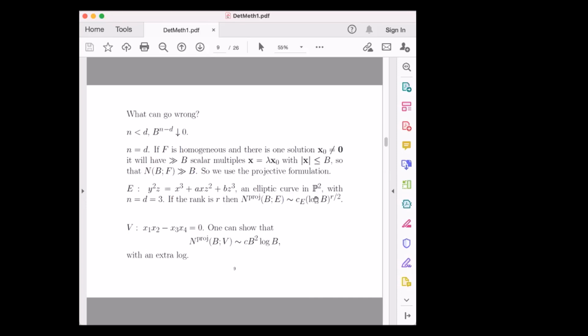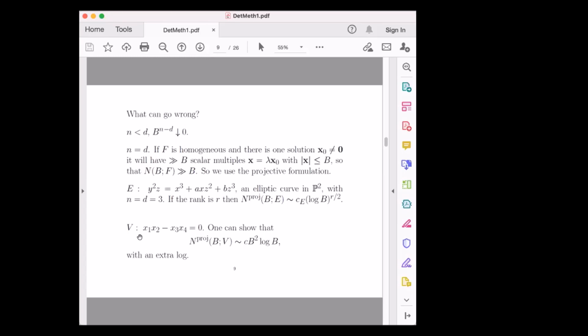So this is a bit unexpected. We were expecting a power of b to the n minus d. Well, we do have the correct power of b because in this instance, n minus d is 3 minus 3, it's 0. So we do have b to the 0, but we have some extra logarithms in general. There's nothing in our heuristic argument that would have predicted that.